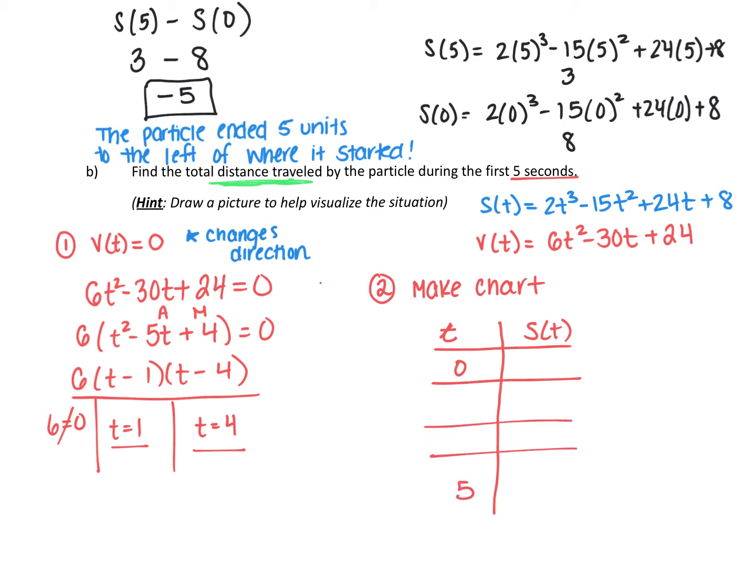Now I put the 5 down there because there are two values where it changes direction in between, so 1 and 4. So we want to find where the particle is on the horizontal line using our s of t function, right? This gives us our standard position, or where the particle is at any given moment.